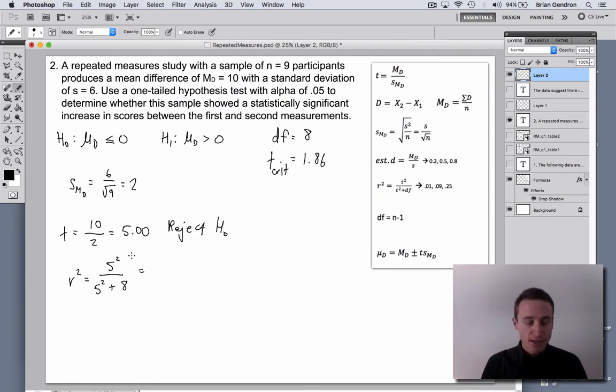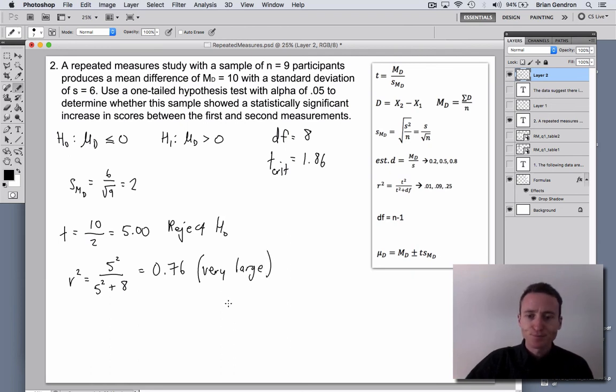All right, and so let me calculate this, and then we can interpret the size. So I'm getting 0.76 after I round to the second decimal, and 0.25 is large. So in this one, we have another very large increase or effect.